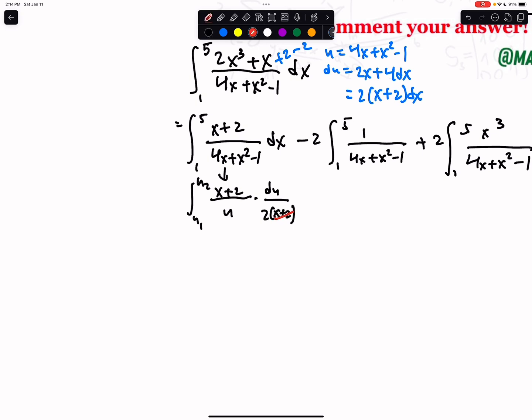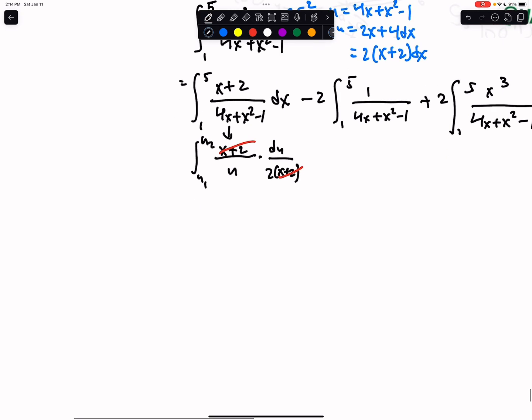Then the x plus 2's will cancel, and we'll get 1/2 natural log absolute value of u2 minus ln absolute value of u1. Okay? That should make sense.